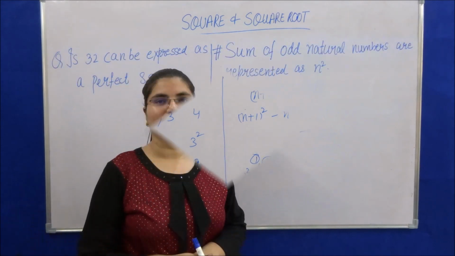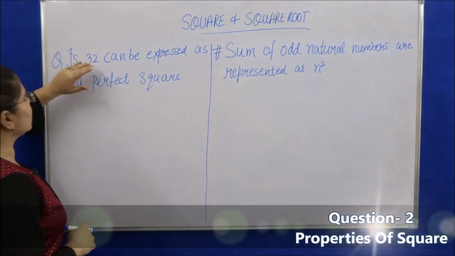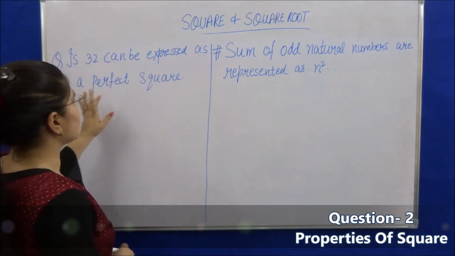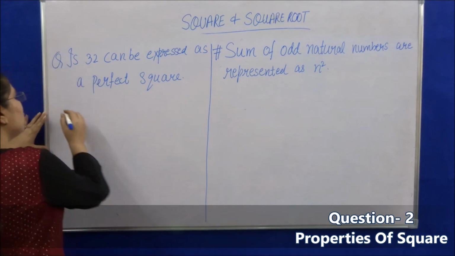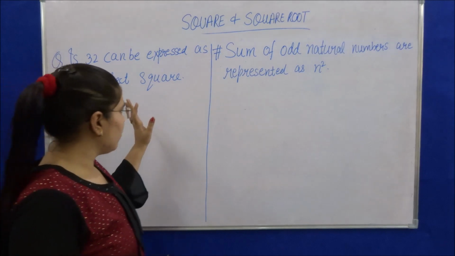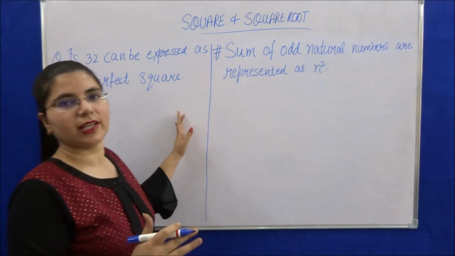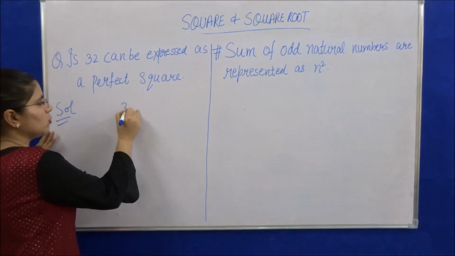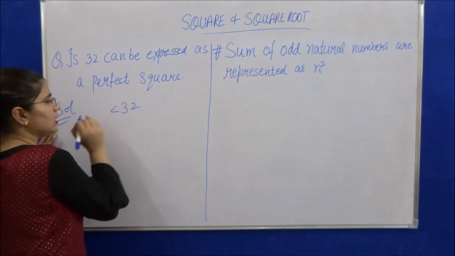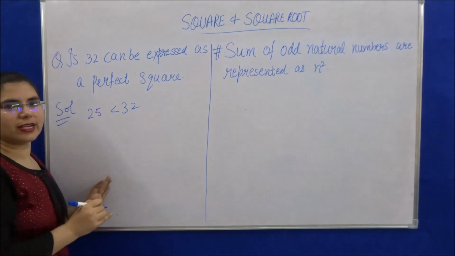That's all. Let's do one more question. Can 32 be expressed as a perfect square? For that, we will first check whether it lies between two consecutive perfect square numbers. 32 is greater than 25, which is a perfect square.